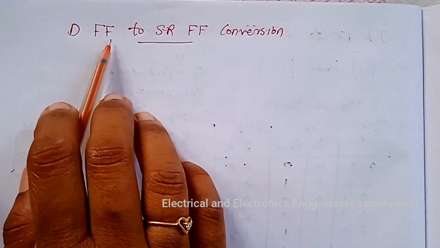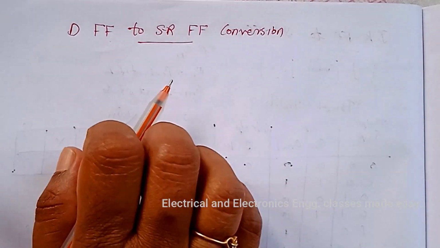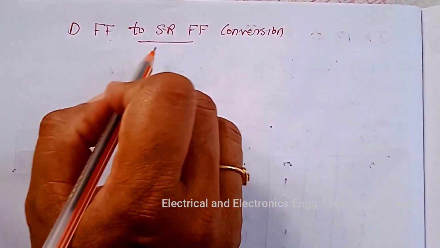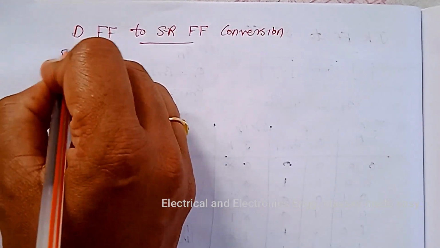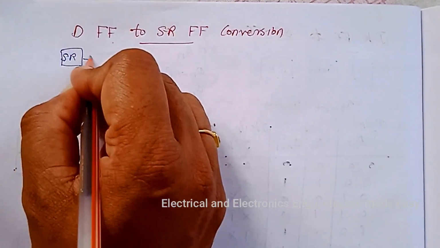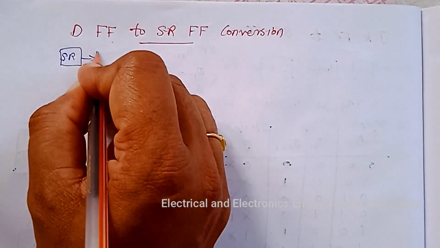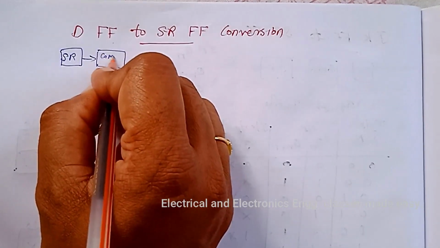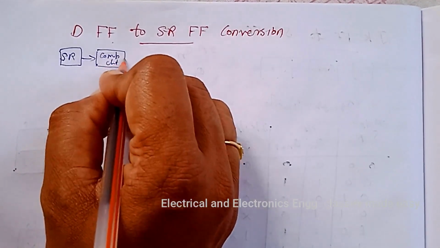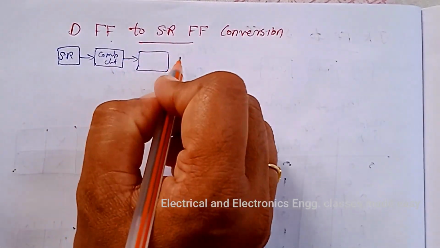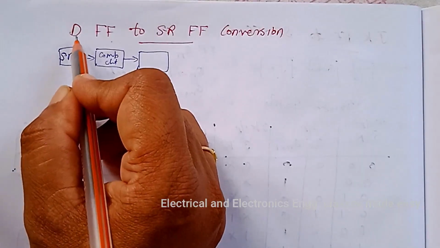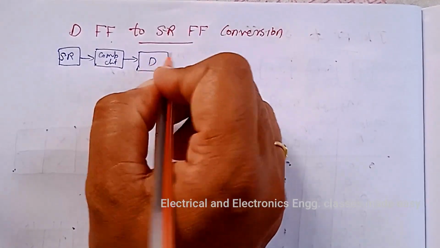Next is D flip-flop to SR flip-flop conversion. So here SR flip-flop is the required flip-flop, and that input will be given to a combinational circuit, and whose outputs are given to the actual flip-flop. So here actual flip-flop is D flip-flop.